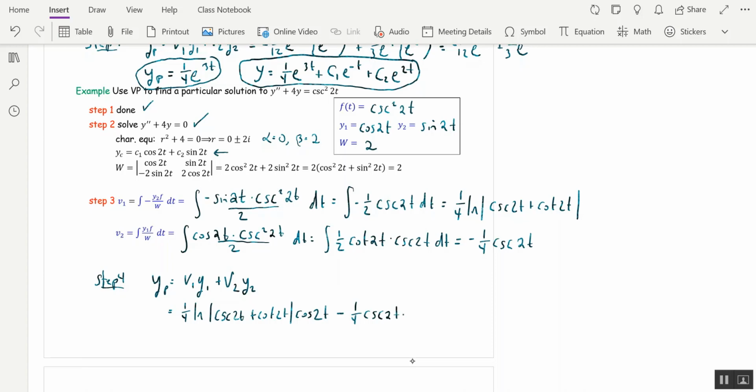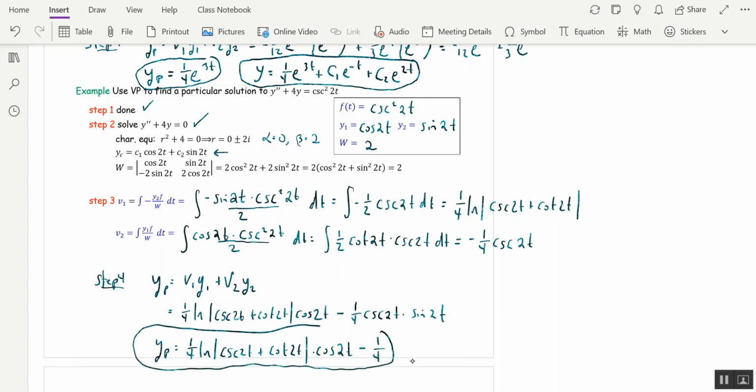And then I multiply by y2, which was sin 2t. And then I can simplify that last term. So my yp is 1/4 ln absolute value of cosecant 2t plus cotangent 2t times cos 2t minus 1/4.